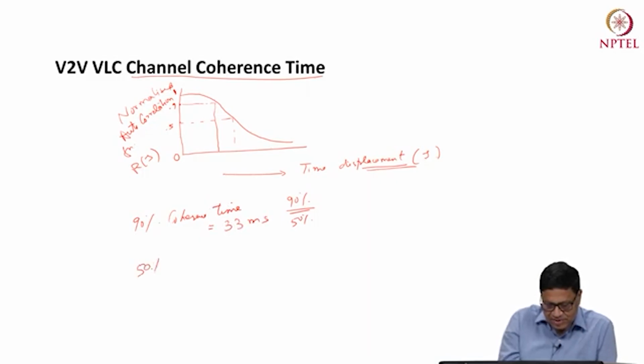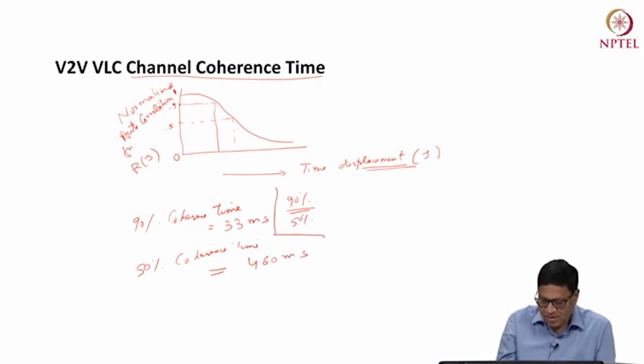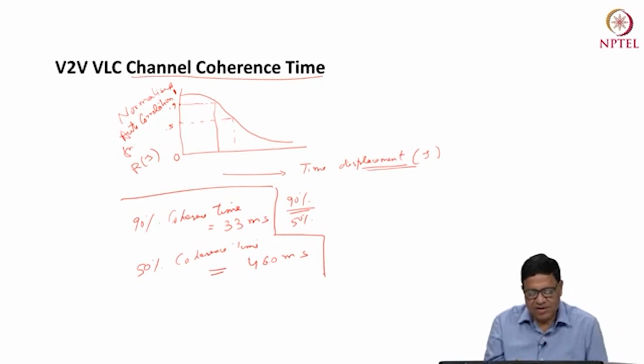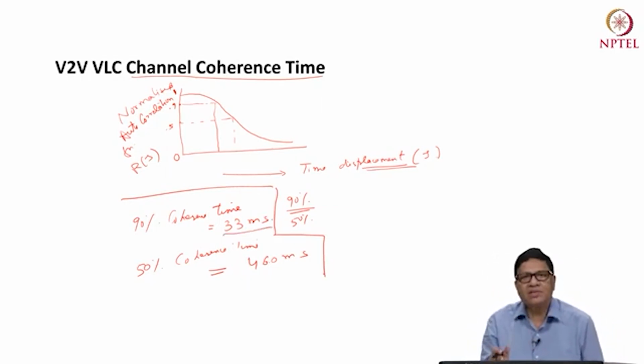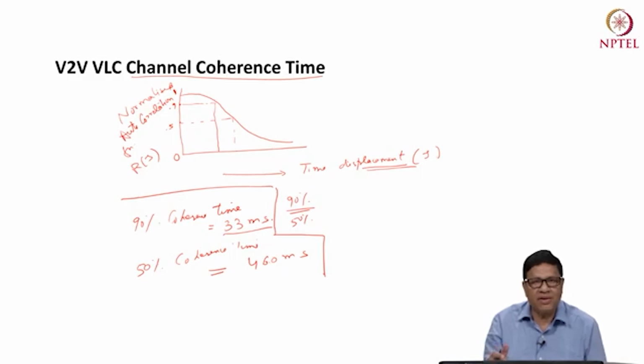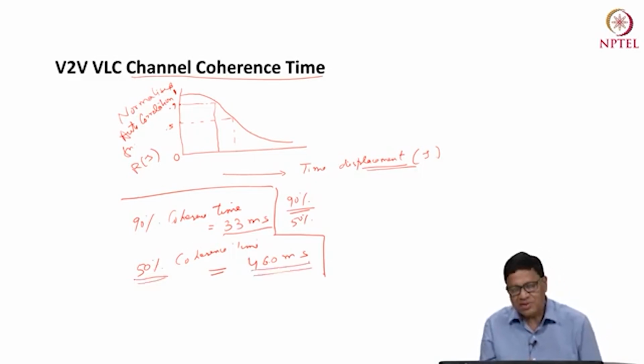Whereas if you take the definition of 50% correlation, this is of the order of 460 millisecond. So the channel in the first case, when you take the 90% definition, is constant for 33 millisecond. Only after that you require estimation of the channel. And if you take a little looser definition, which is 50%, it is about 460 millisecond.